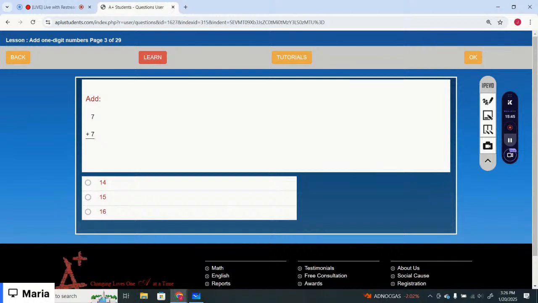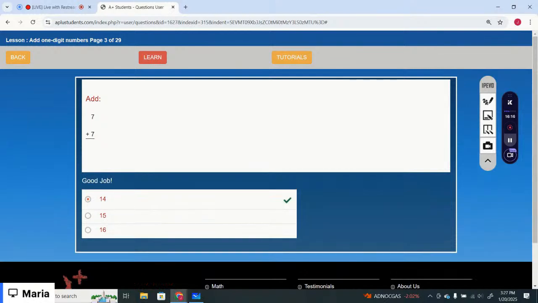Seven plus 7 makes 14. Option number 1 is the correct option.